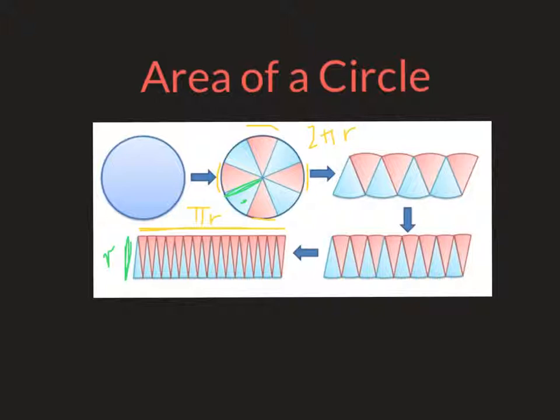Then the mathematicians applied the formula length times width to find the area of this rectangle, which is actually all the parts of the circle rearranged.